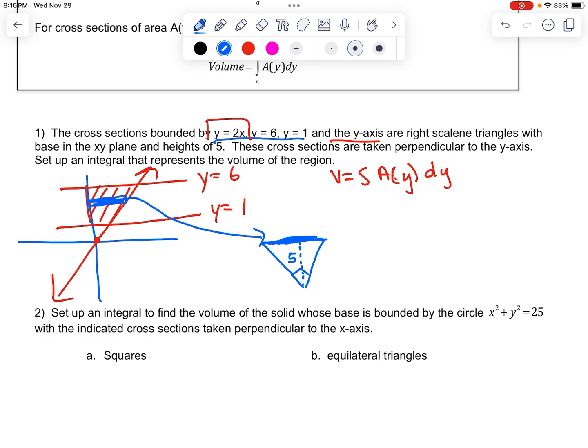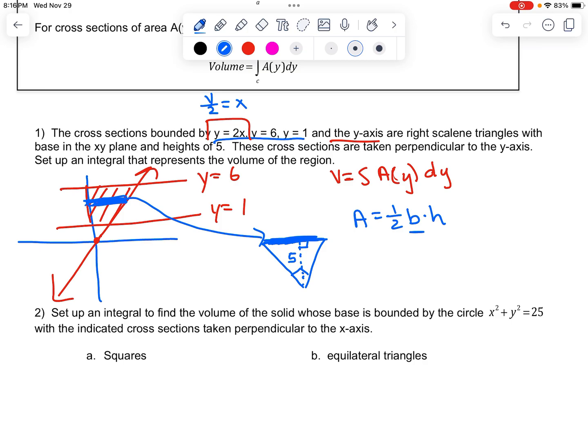So area of a triangle is 1/2 base times height. Notice the base is this part of the triangle, which is just the length of this rectangle right here. So remember, we do right minus left. I want everything in terms of dy though, so I can rewrite this equation as y over 2 equals x.